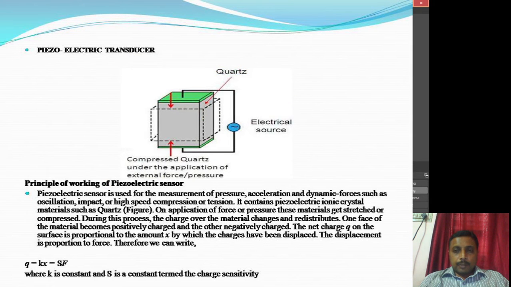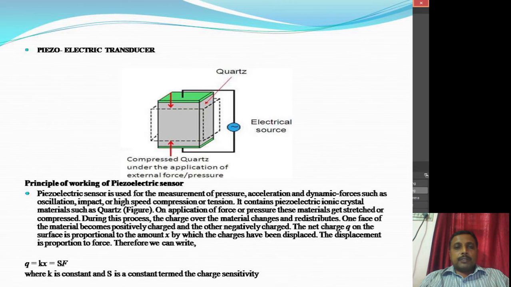Next we will see what is meant by piezoelectric transducers. Piezoelectric materials are crystals such as quartz. A quartz crystal is taken and either a compressive or a tensile force is exerted on it, as a result of which the quartz material will get compressed or stretched.